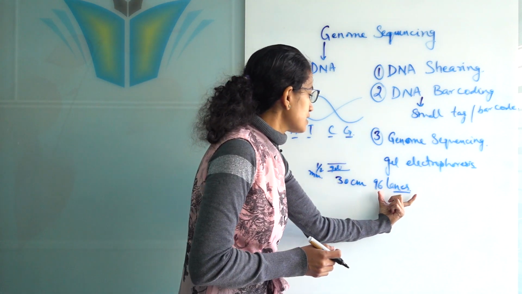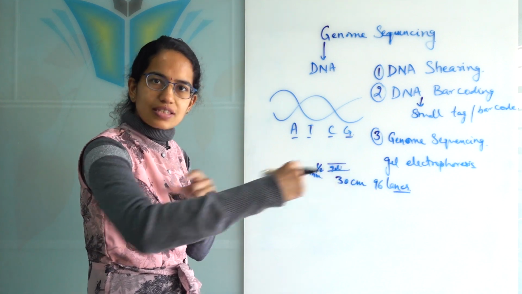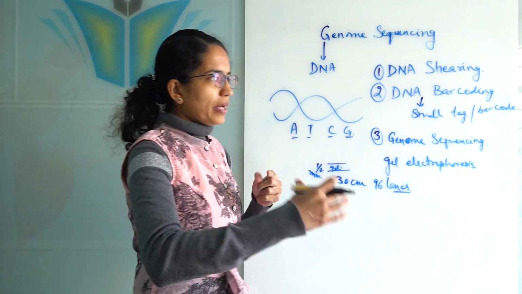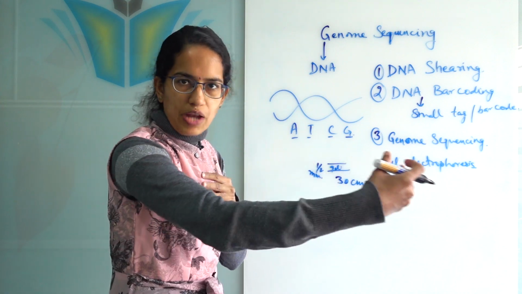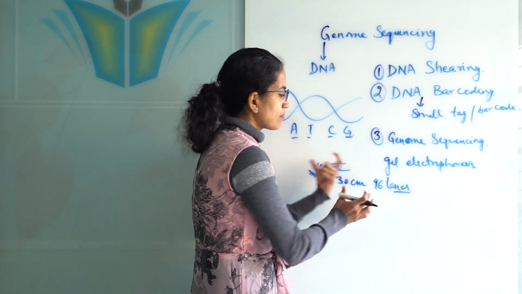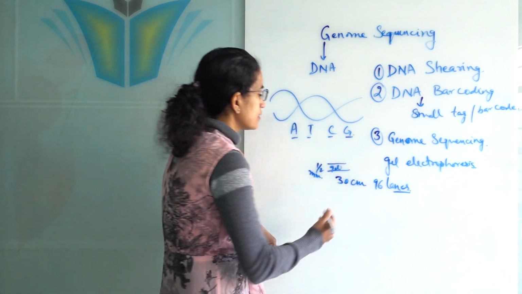So there are 96 different lanes, and they move for a length of just 30 centimeters, and within this gel movement, the smaller pieces would move rapidly in contrast to the bigger pieces, and that is how this separation actually occurs.